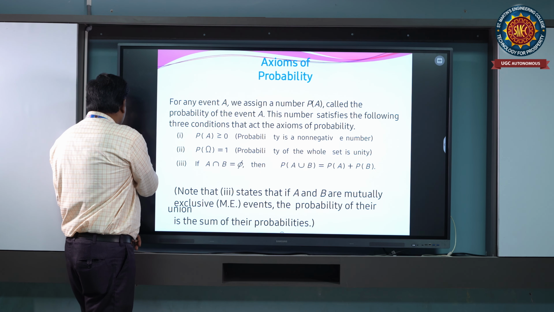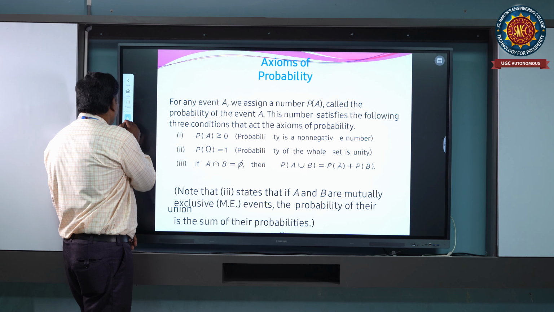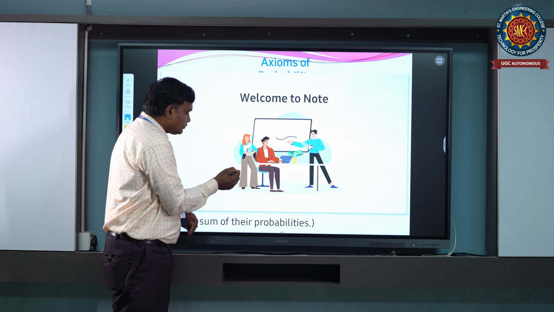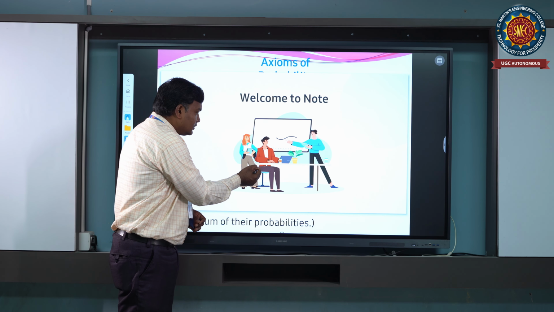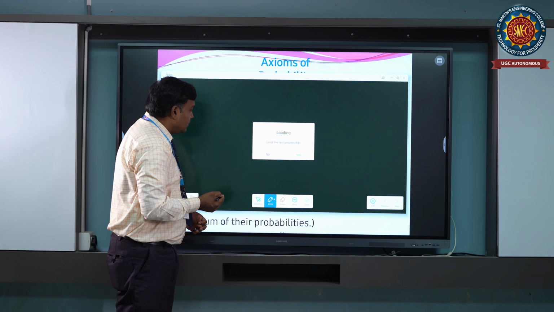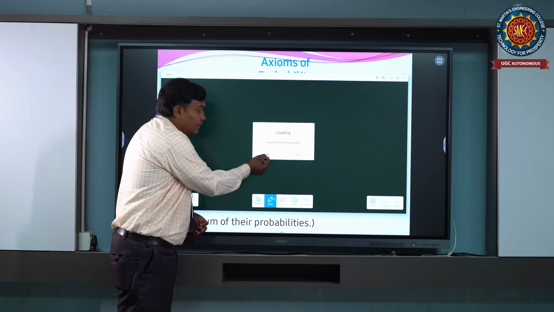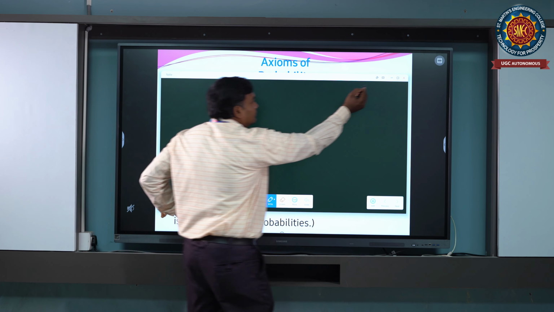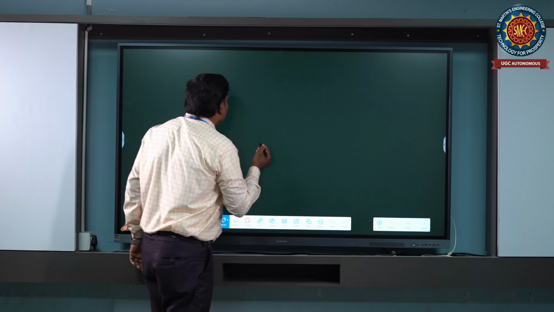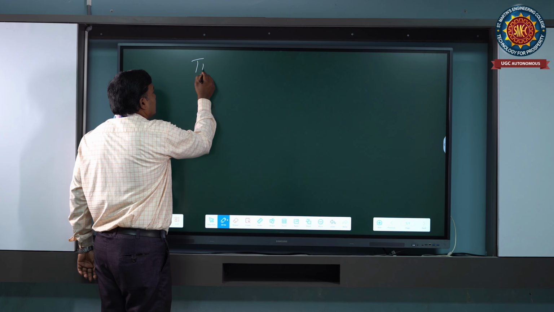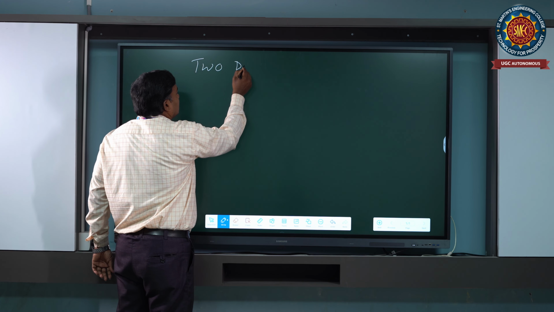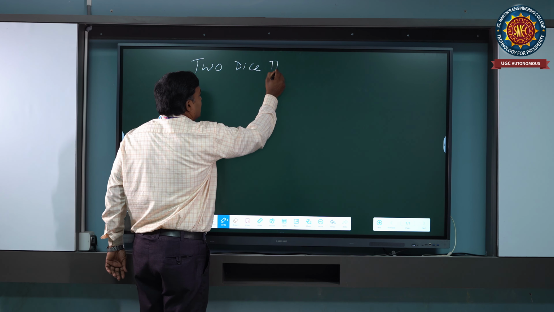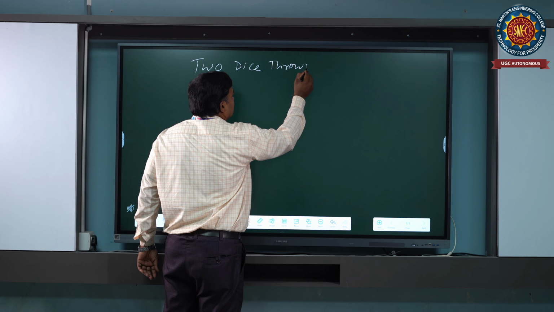So here this probability, a simple problem I will explain and I will move forward. So here two dice are thrown.